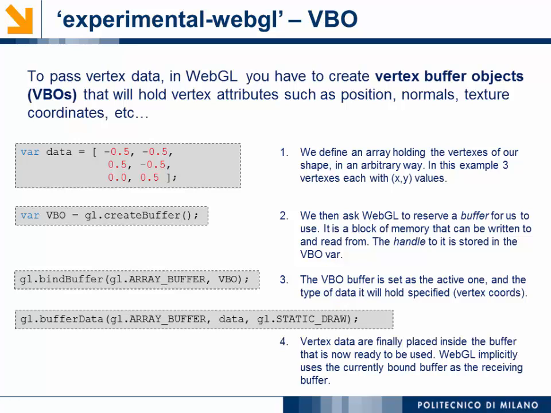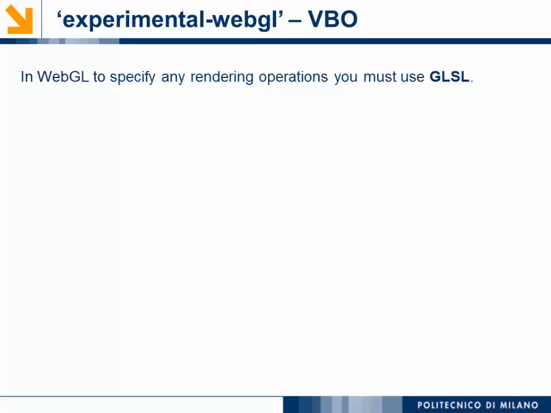Now the GPU must do something with those data. To specify how to use those data, we have to write code in GLSL, which is something quite complex, the topic of a future lesson. For today, I just give you a snippet of code that you can paste in your JavaScript code, which will handle this part.